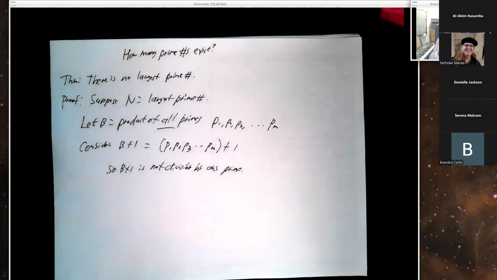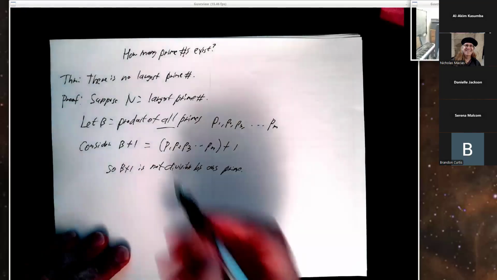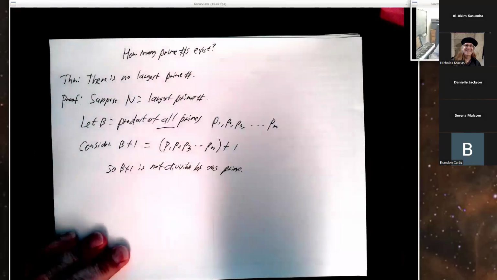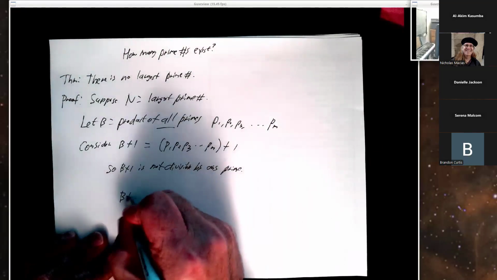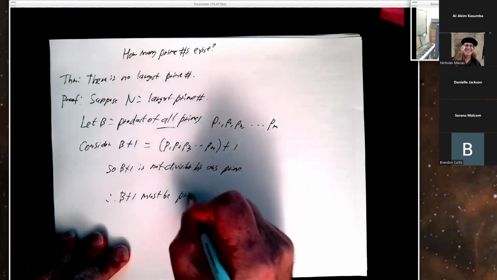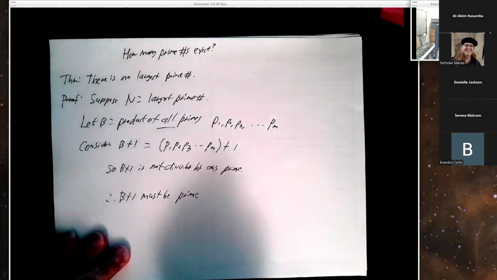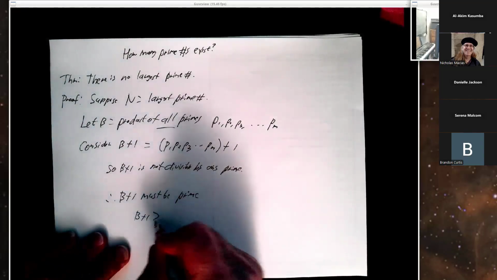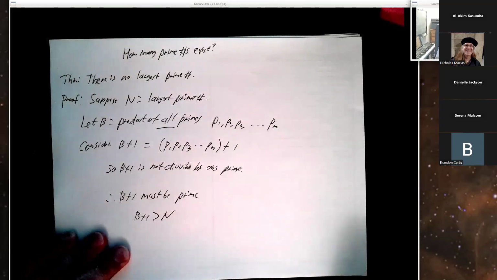Well, by the fundamental theorem of arithmetic, b plus 1 should be expressible as a product of prime numbers. And since we can't write it as a product of any of these known primes, b plus 1 itself must be prime. But the problem is b plus 1 is much bigger than this number n, right?